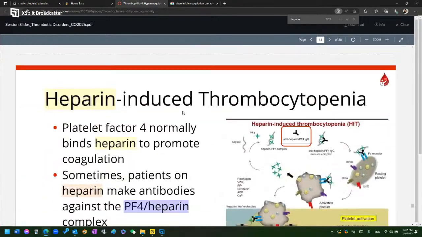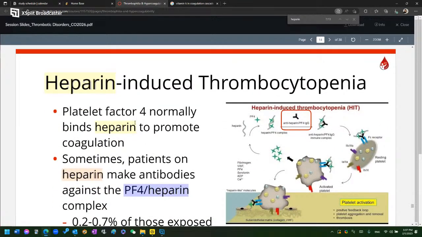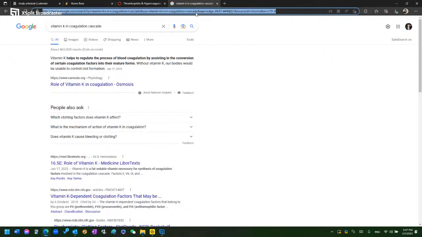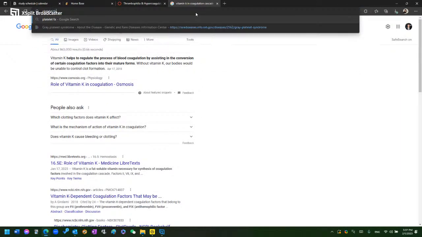I'm not entirely sure what's going on. Platelet factor 4 binds heparin. Heparin is an anticoagulant. So we need to understand platelet factor 4 a little better.